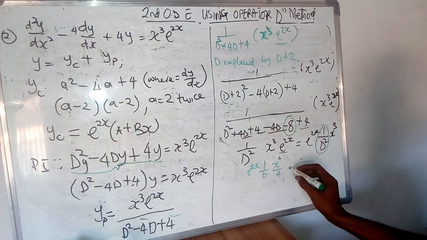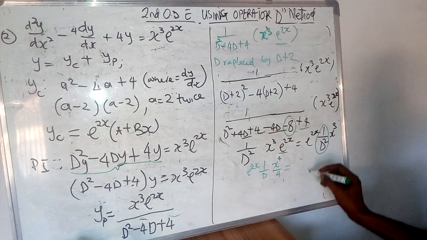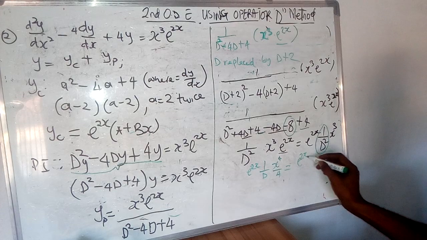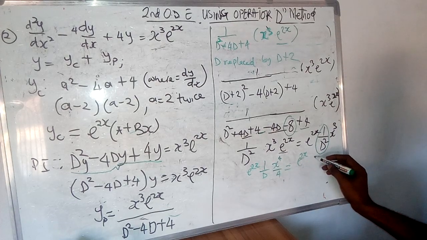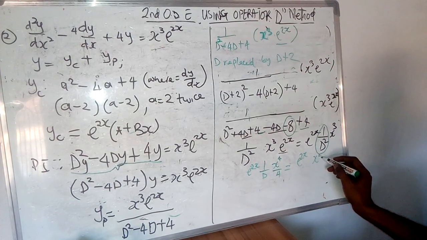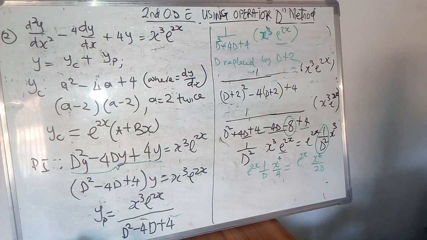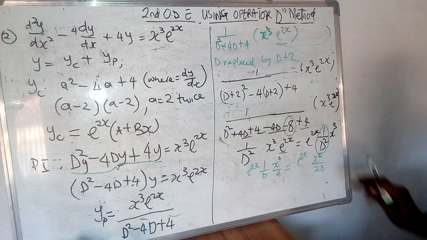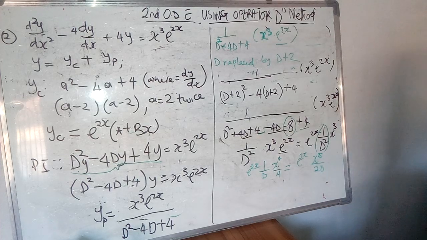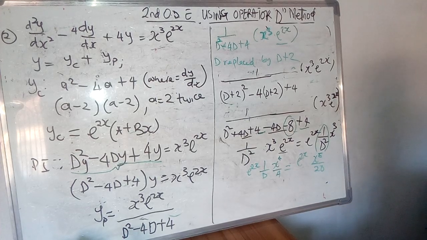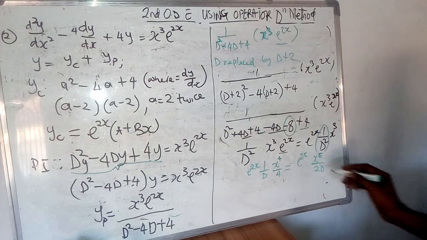Again, you integrate once more to get exponential 2x times x to the 5 all over 20, if you all know how to integrate. So our particular integral is this.